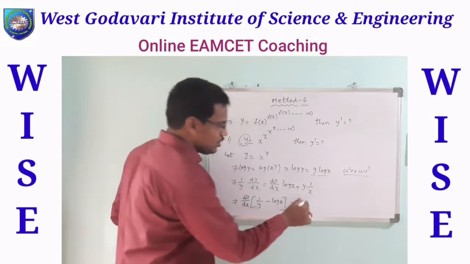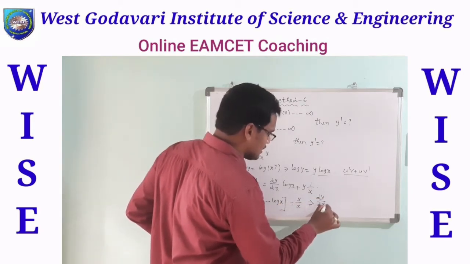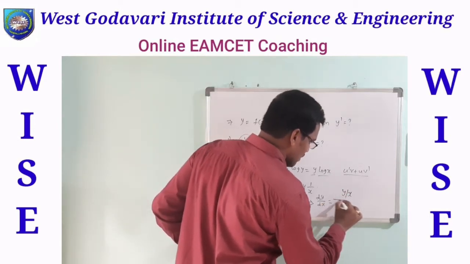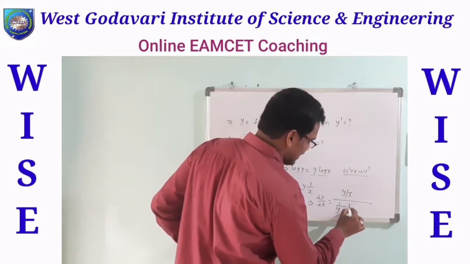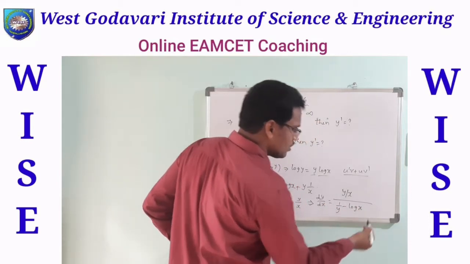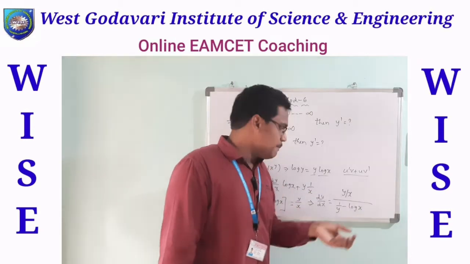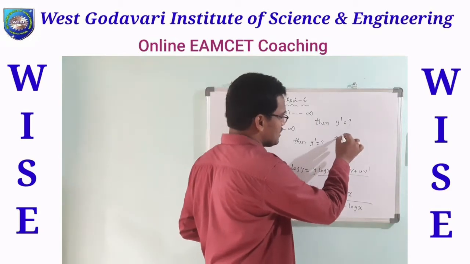So by using the above equation, dy by dx becomes (y by x) divided by (1 by y minus log x). So here we have to simplify this by simply taking the LCM.